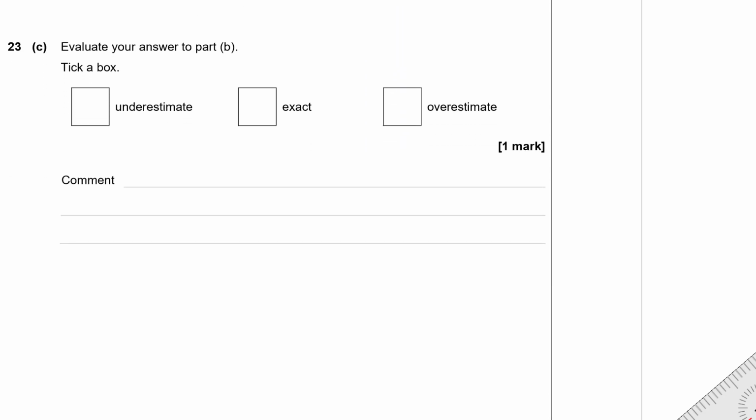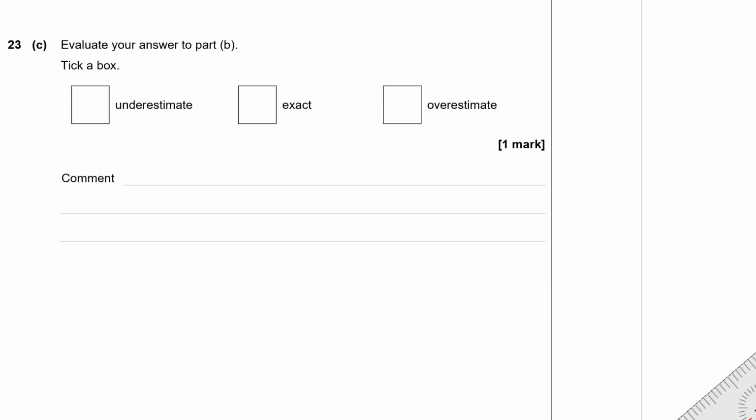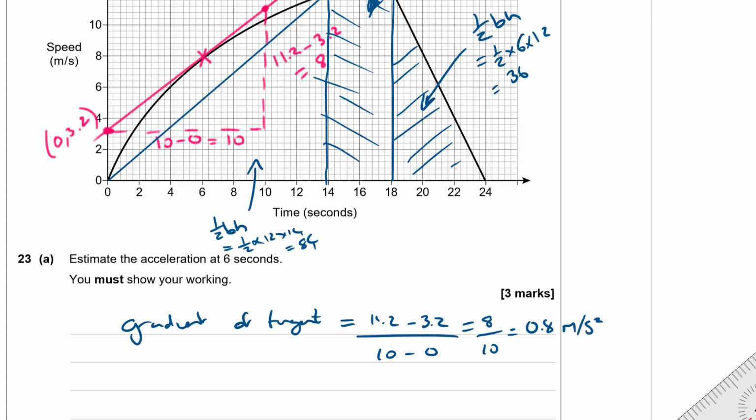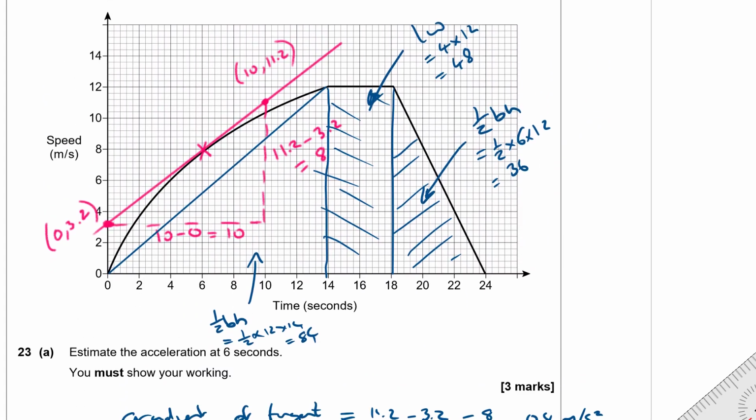Okay, now the last part of the question says evaluate your answer to part B. Is it an underestimate, an exact value, or an overestimate? Well, as I said earlier, we have estimated this area under the curve section to be a triangle, so we've missed off this bit in here. So we have underestimated the distance that was travelled in the time taken.